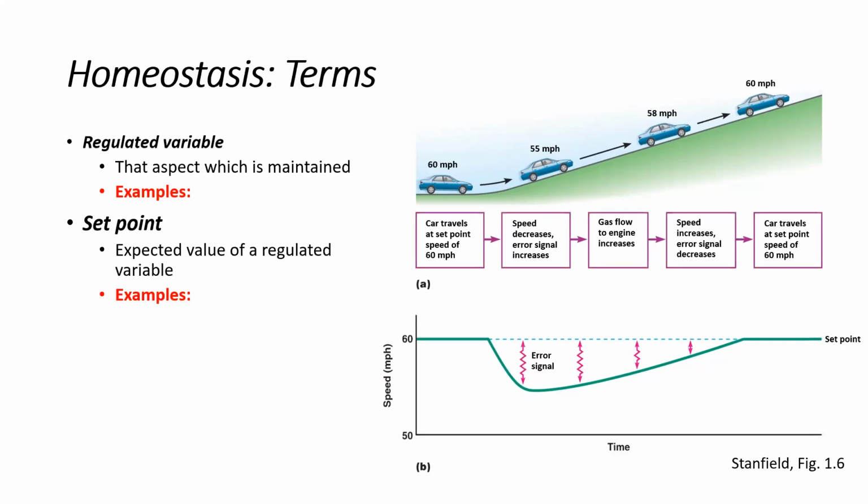Usually, we like blood pressure to be about 120/80. We like pH to be about 3.45. And so those are some set points of our physiology. The set points are where we expect those variables to be. And once again, if we deviate from those values, we then start to initiate some error signals, okay?